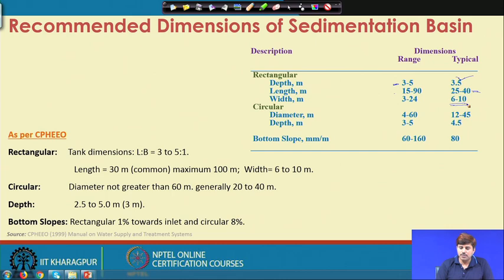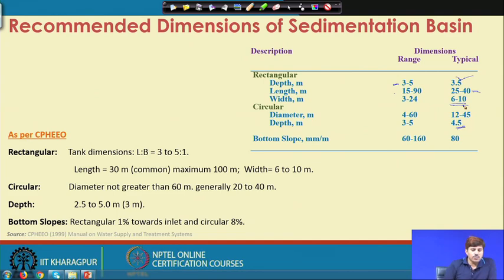For circular tanks, diameter can be as high as 60, but again 12 to 45 are the typical values used, and depth again could be 3.5. We can have higher depth in circular settling tanks because of their upflow nature, so we can go to a depth of around 4.5. The bottom slope is typically in the range of 60 to 160, and 80 is the typical value.